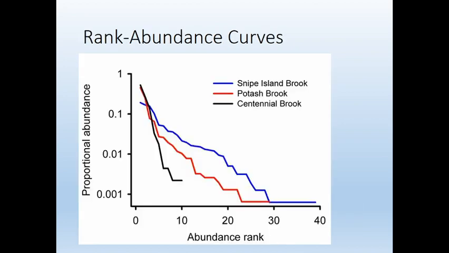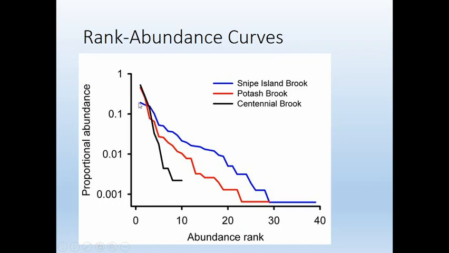Now, what a rank abundance curve does is, on the x-axis you put the most common species here on the left at number 1, and then you plot their abundance. You can do proportional abundance here. You can do some sort of log transformation. Doesn't really matter.